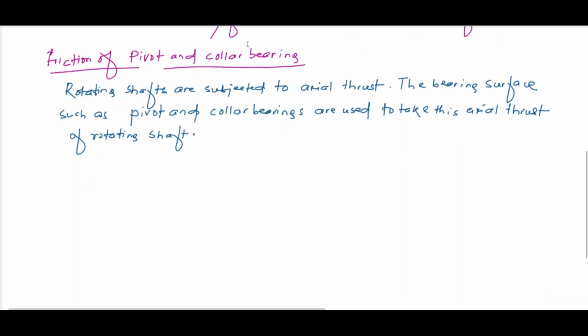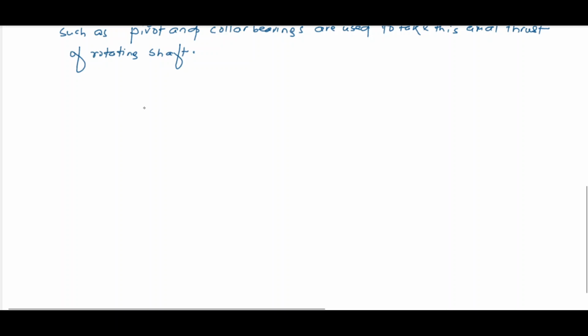Now if we look into the schematic of pivot, we have the following categories. Let me draw it. Let's say we have a shaft, so this is the shaft.